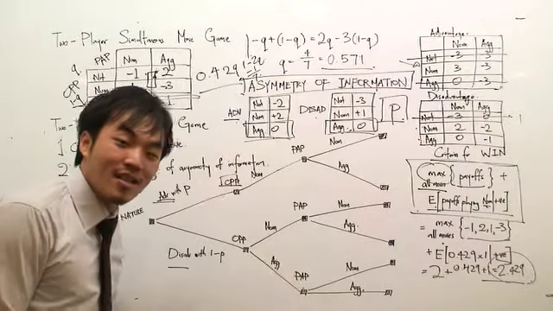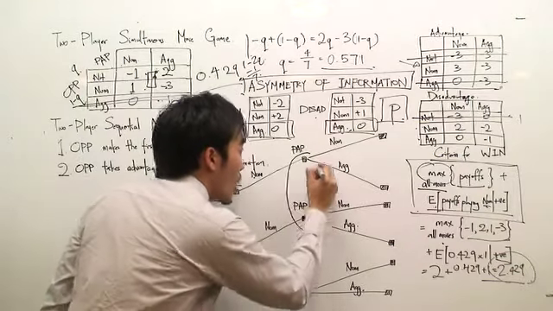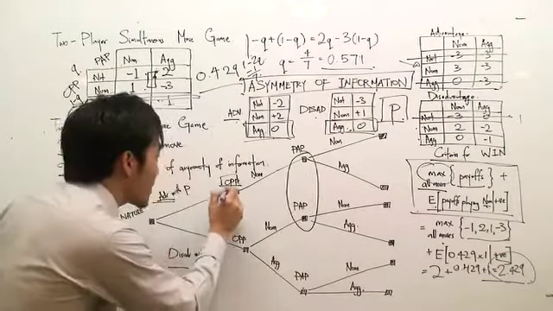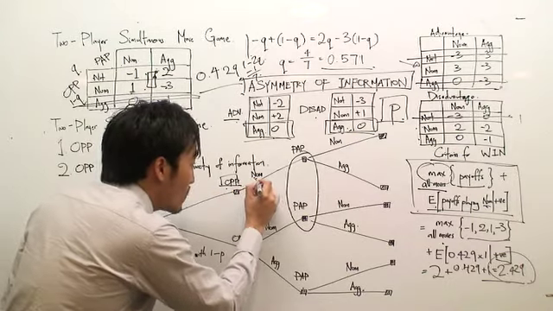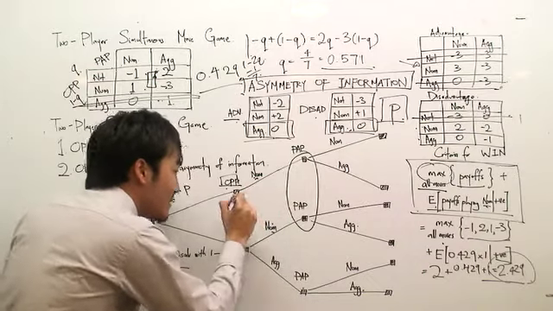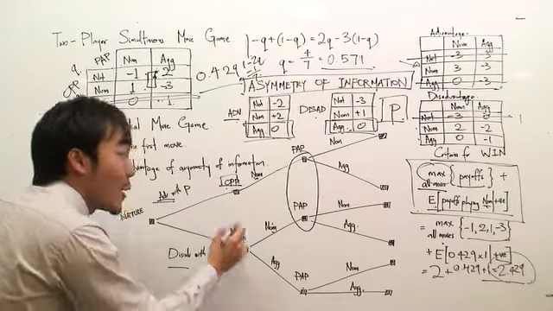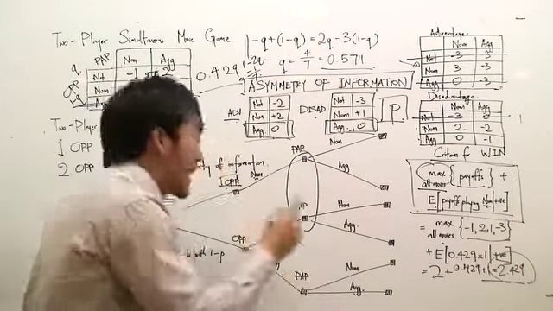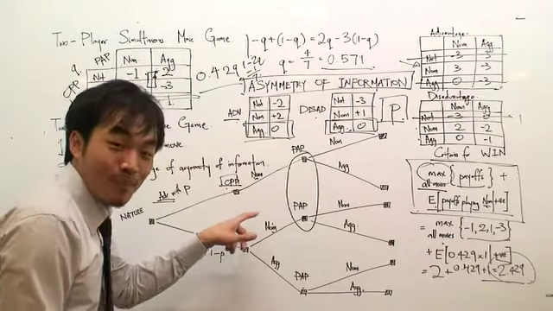The first information set is right here, when the opposition has played norm. As you can see, the opposition played norm one time over here and one time over here, but these 2 oppositions are in 2 different states. One is advantaged, one is disadvantaged. But from the point of view of the PAP, they do not know. All they know is that they're looking at the opposition and the opposition is playing norm.